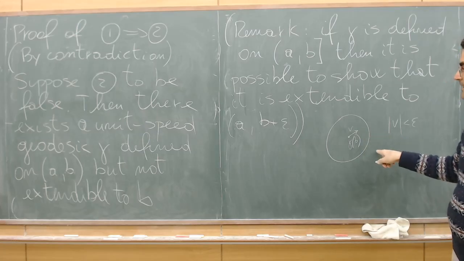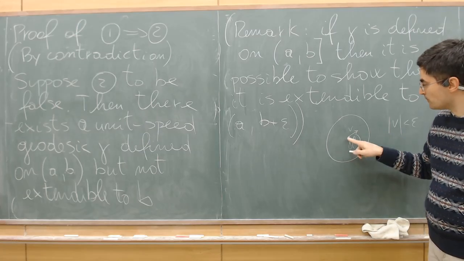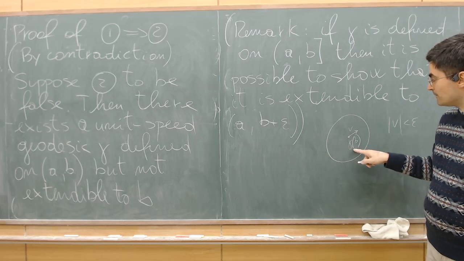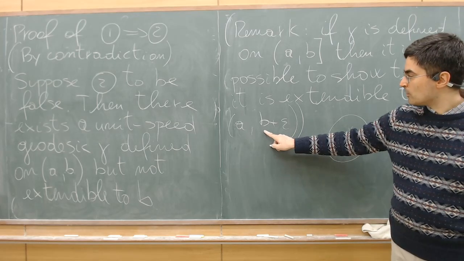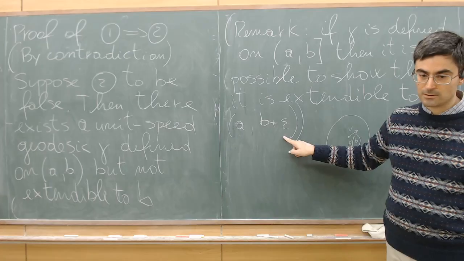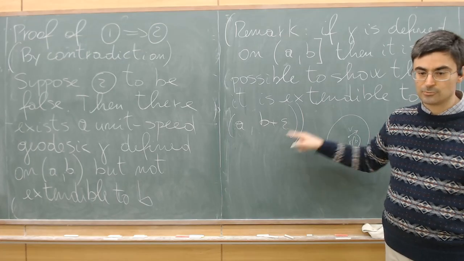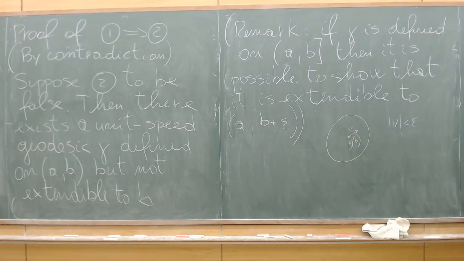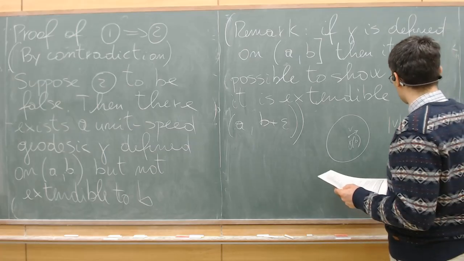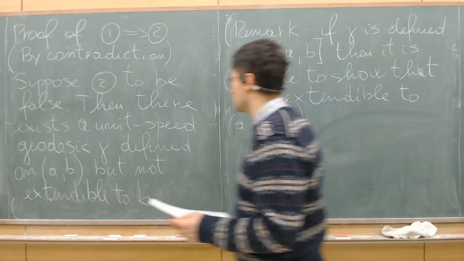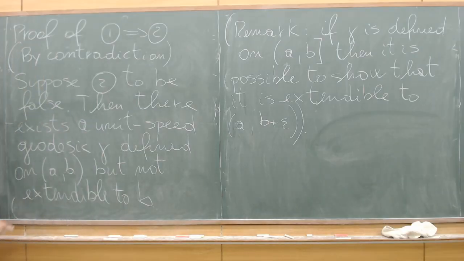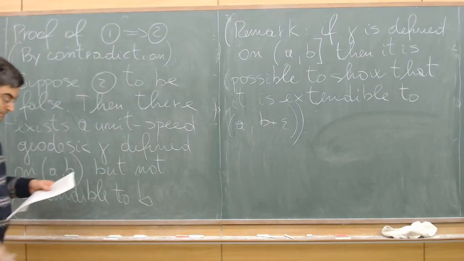So this says that if the geodesic stops at gamma B, you can extend it at least on an interval of length epsilon on the right. So the interval we will consider is like this.